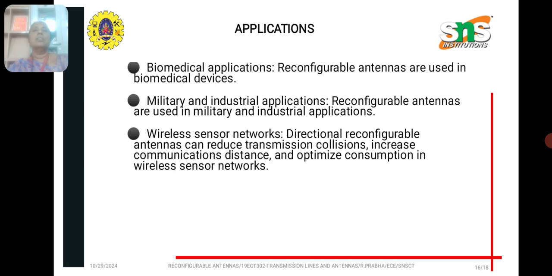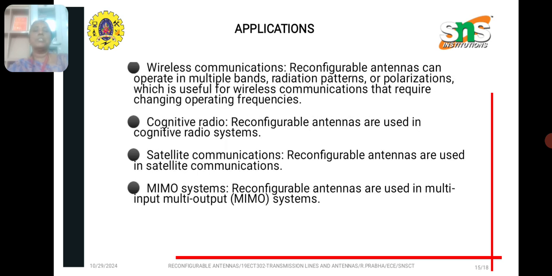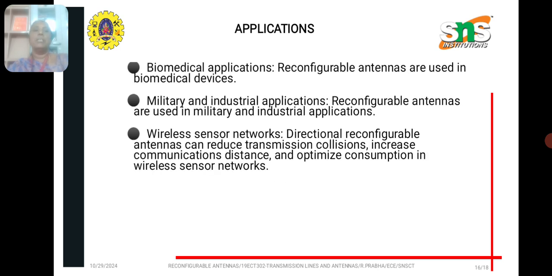Applications. There are a variety of applications of reconfigurable antennas, like wireless communication applications with multiple bands, radiation patterns or polarizations. They are used in cognitive radio systems, satellite communication, MIMO systems and biomedical applications.